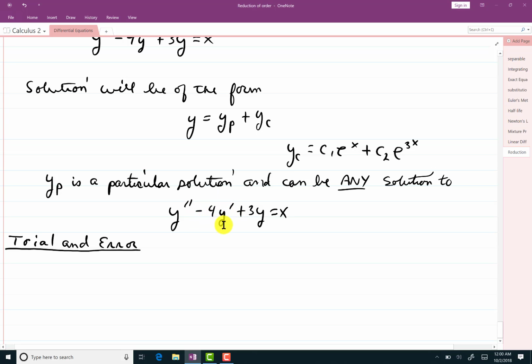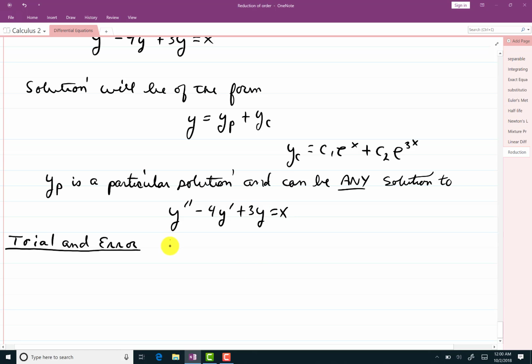I would have negative 4 plus 3x, and that doesn't quite work. Obviously I can't have just a number be a solution here, because all the derivatives would be 0, but then 3y would turn out to be a number, and that wouldn't be good at all.